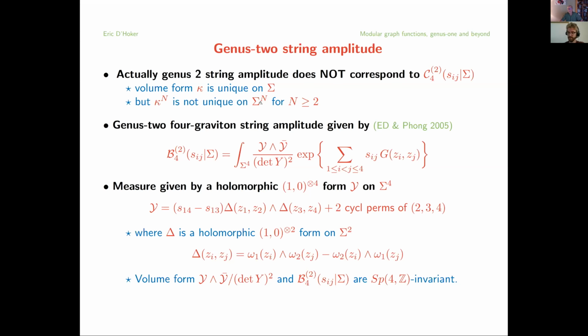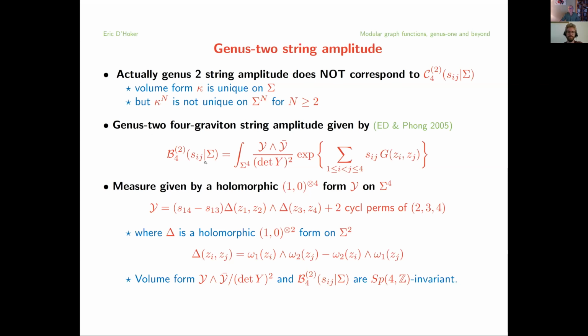But if you actually consider measures on a product of surfaces, there are other choices than the nth power of this volume form on a single surface. So as I said, for genus 2 the 4-graviton string amplitude is actually known, and it's given like so. So the exponential is there, but the measure is different.